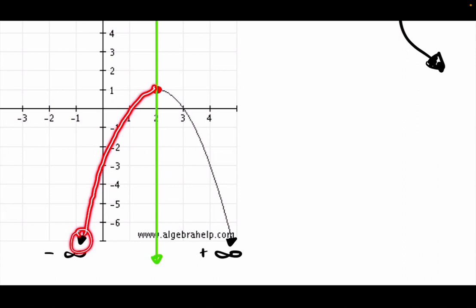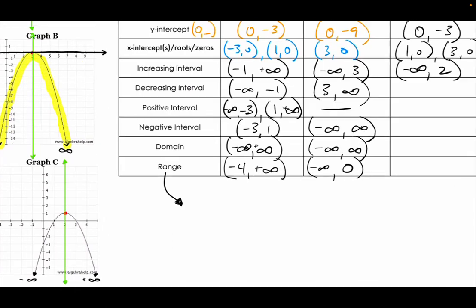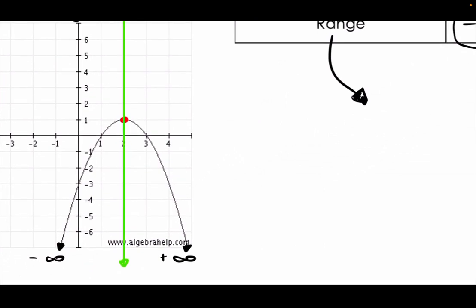So from negative infinity to 2, that's where I'm going uphill. Where am I going downhill? Well, I start at 2, so I was going uphill. Here is where I switch and go downhill. So from 2 to positive infinity.